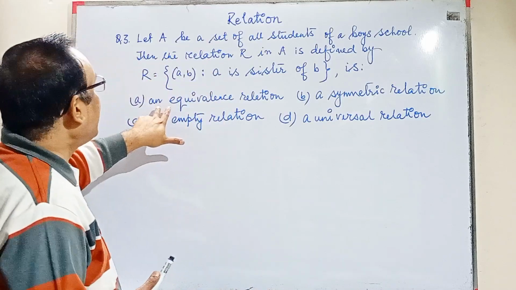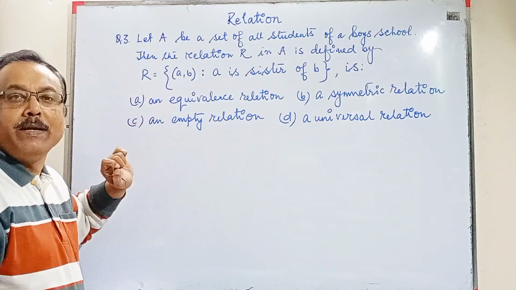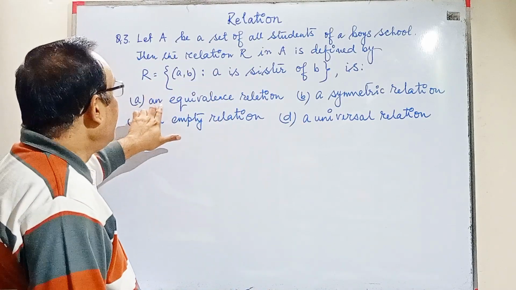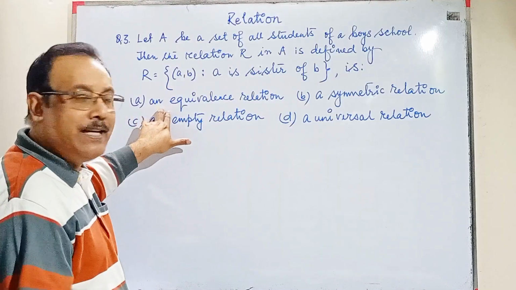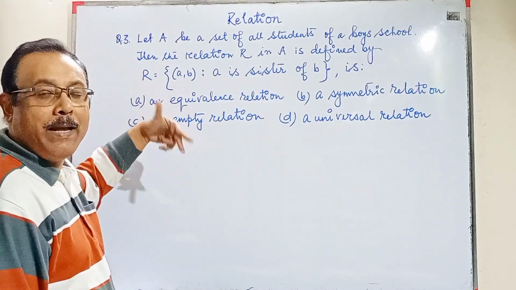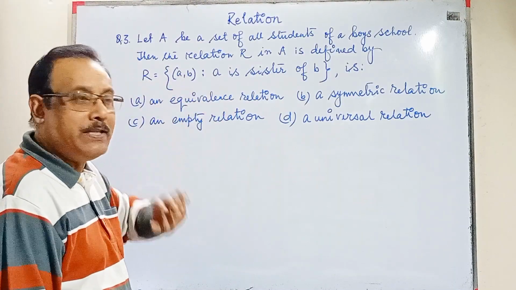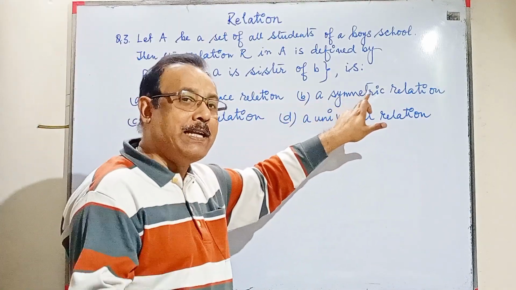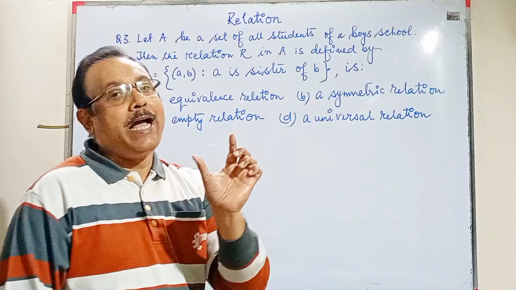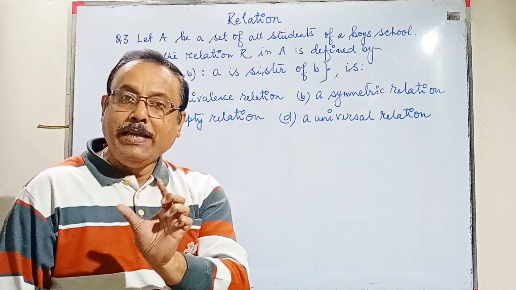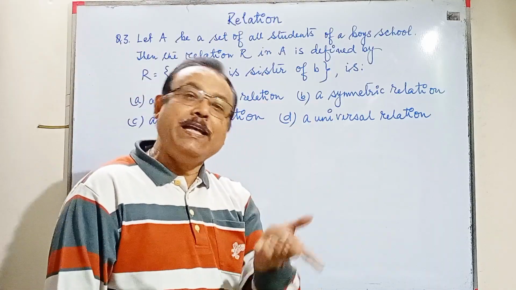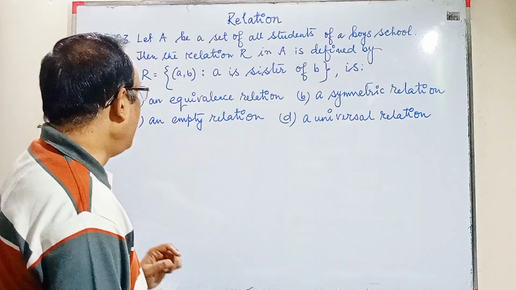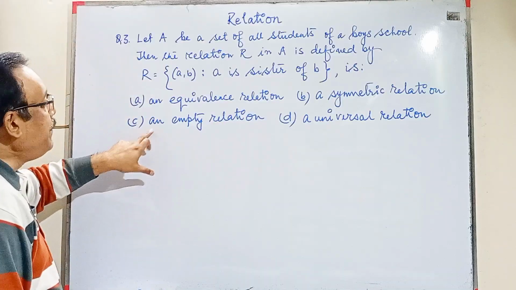I have already discussed what an equivalence relation is in my first question. An equivalence relation is that relation which is reflexive as well as symmetric as well as transitive. What is a symmetric relation? A symmetric relation is one in which if I have the ordered pair (a, b), then (b, a) will also be in the relation R. What is an empty relation?